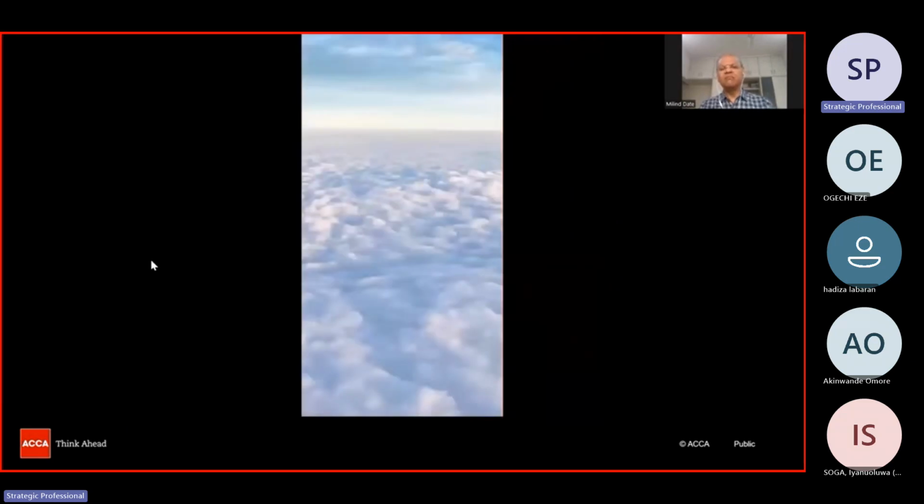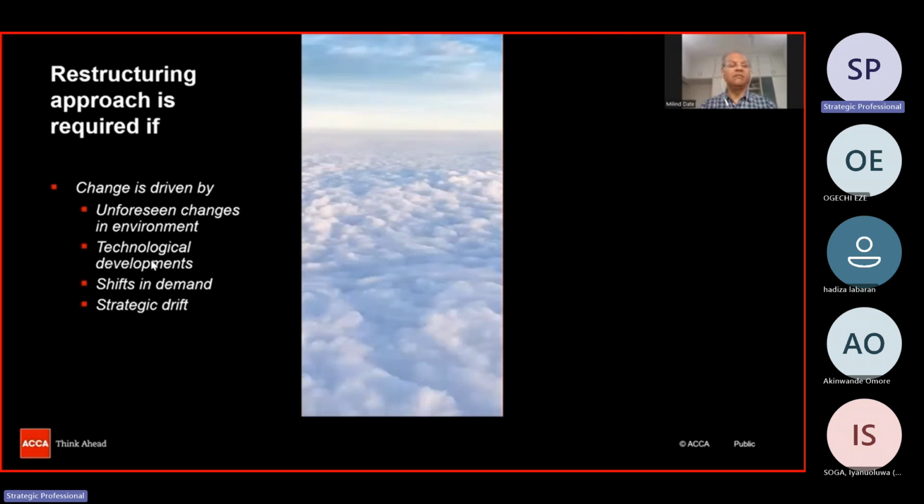Let's look at when and how the restructuring approach is required by the organization. In this case, the change will be driven by unforeseen changes in the environment. As I said, externally forced. For example, technological changes, demand shifts due to consumer preferences, a strategic drift, which is likely to occur if you don't change as per the environmental changes.